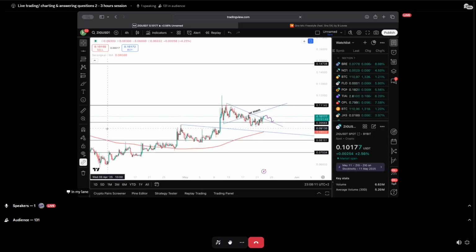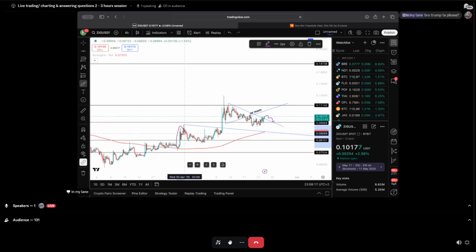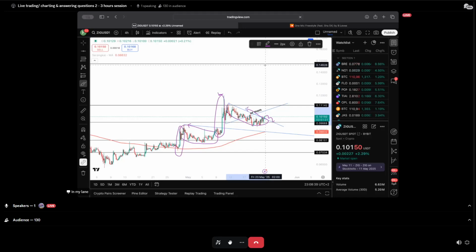And after a breakout like this, you can just go back and look: breakout, people accumulating, then another breakout, then accumulate, breakout, boom. Simple.